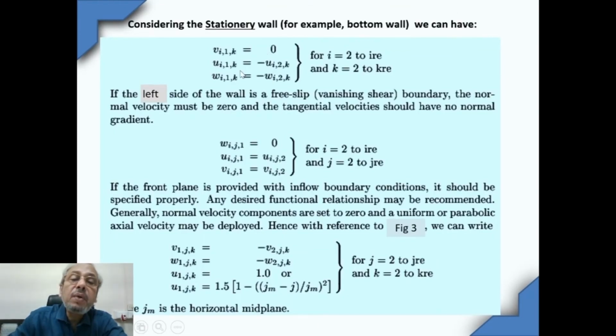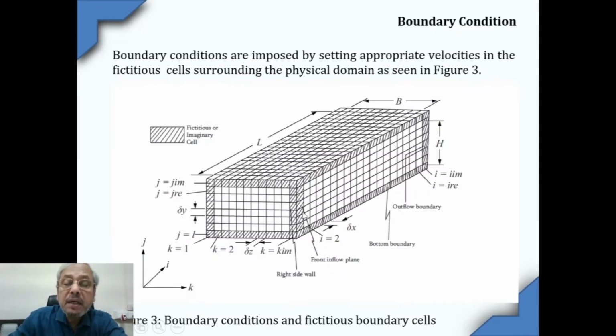But UI1k, these cells are defined at the middle of the bottommost cells, not falling on the boundary.